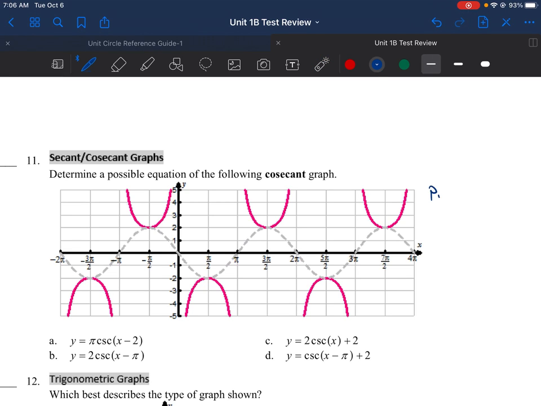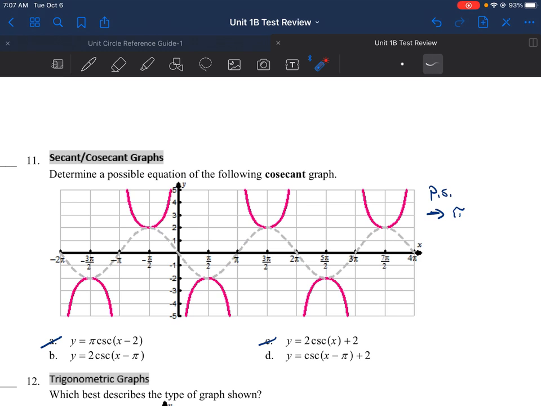So phase shift, right by pi. And that's going to allow me to eliminate A and C, because neither of those have been shifted to the right by pi. If you look at both B and D, though, this is a phase shift right by pi. This is a phase shift right by pi. So those are our other two answer choices that we're considering.